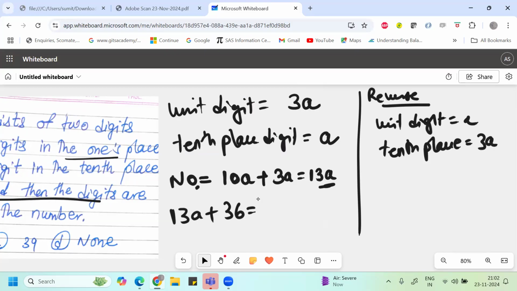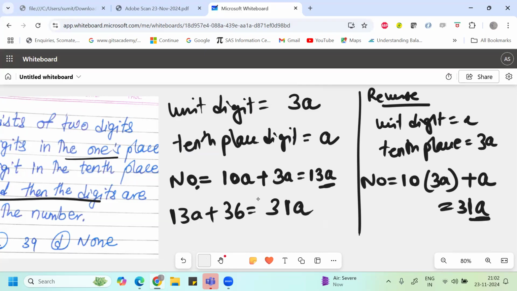I hope this part is clear. So your number will become 10 into 3A plus A, meaning your number will become 31A. So I will write this as 13A plus 36 is equal to 31A. Means 36 is equal to 31A minus 13A.